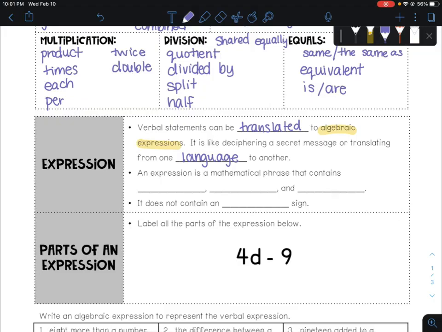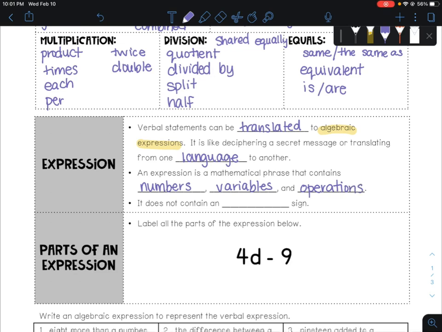An expression is a mathematical phrase that contains numbers, like 5 or 1/2, variables, like a or x, and operations, like multiply, divide, add, subtract, exponents, parentheses.